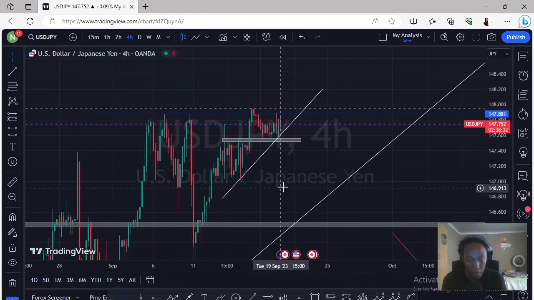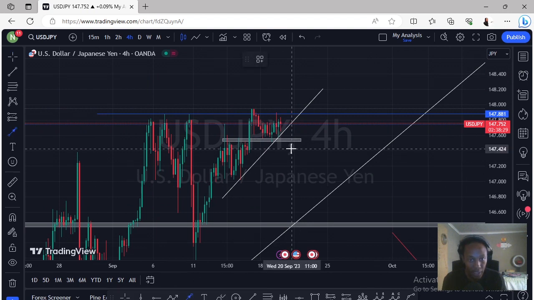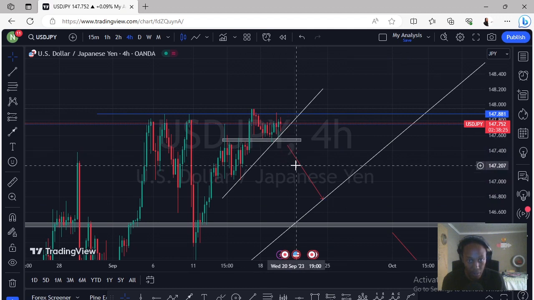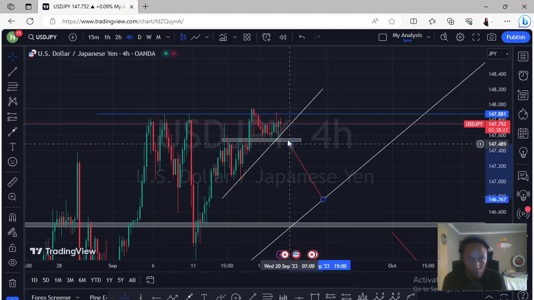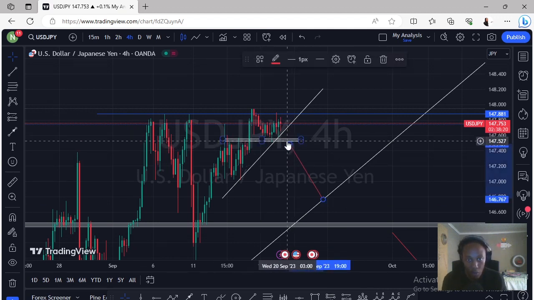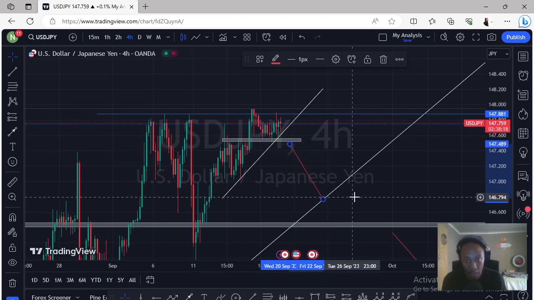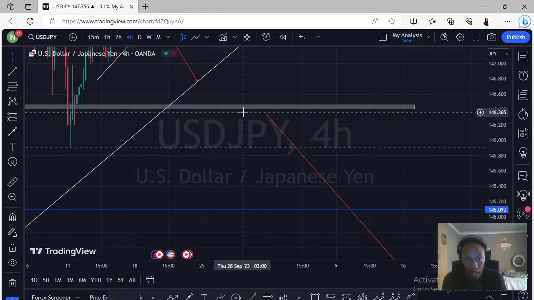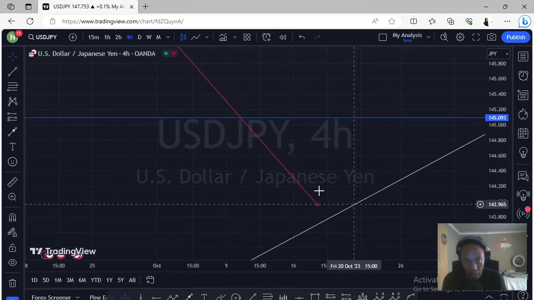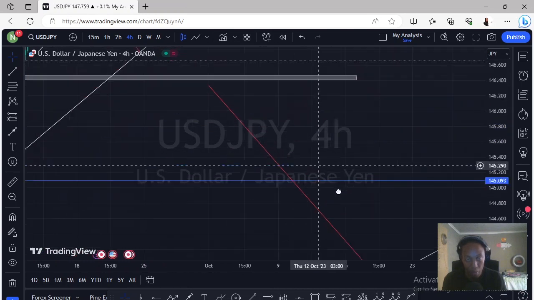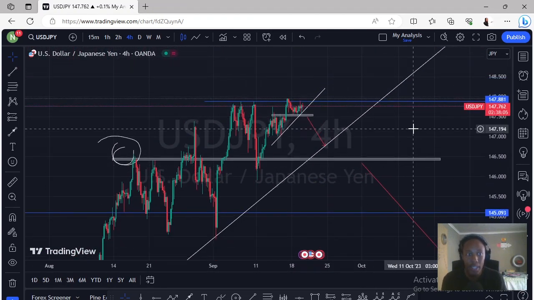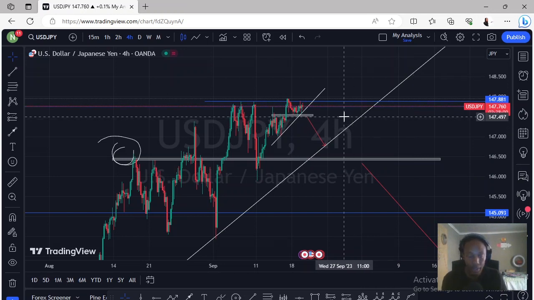So there are plenty of moves that I can profit from. I can easily profit from the move off from this area over here to this area, and I can also benefit from the move after this break to this area, and also this blue line over here. So that's one of the reasons why I like UJ.